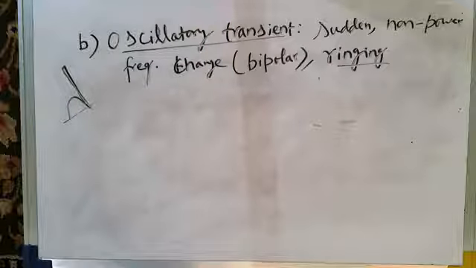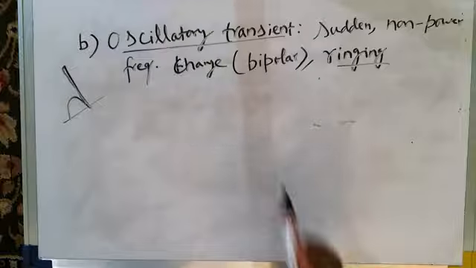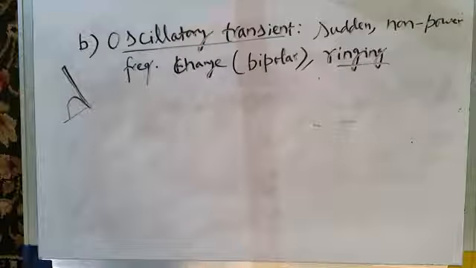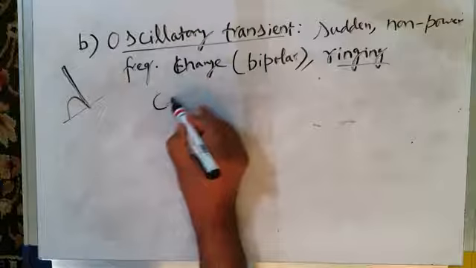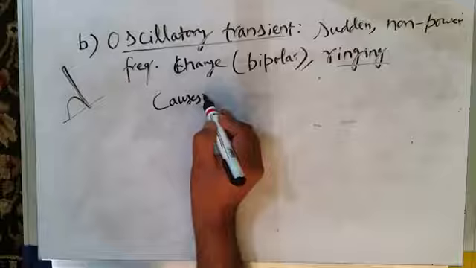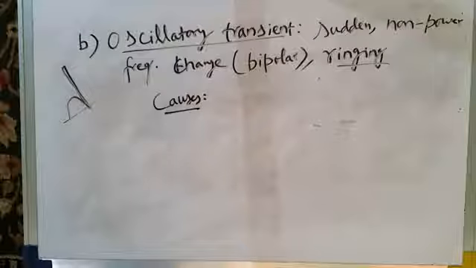Before we draw the waveforms and I try to show you the oscillatory transient, it is better that we understand the causes of oscillatory transient. What are the causes of oscillatory transients?